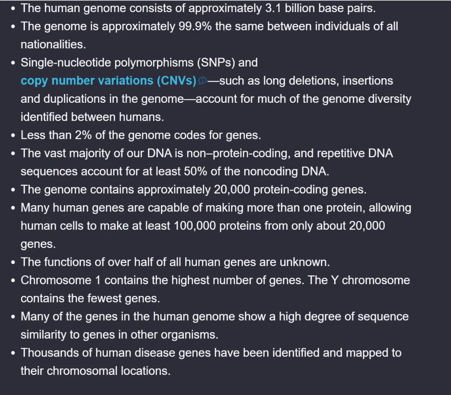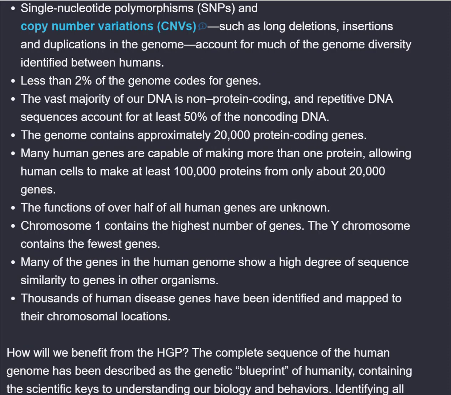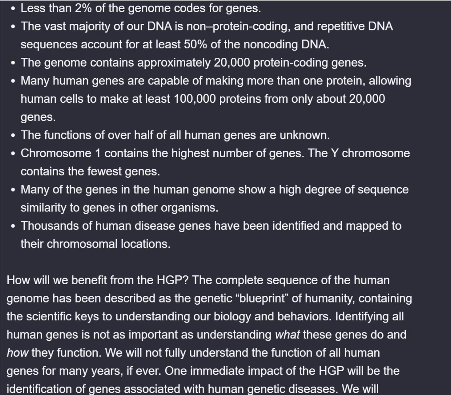The human genome consists of approximately 3.1 billion base pairs. The genome is approximately 99.9% the same between individuals of all nationalities. Single nucleotide polymorphisms, SNPs, and copy number variations, CNVs, such as long deletions, insertions and duplications in the genome account for much of the genome diversity identified between humans.